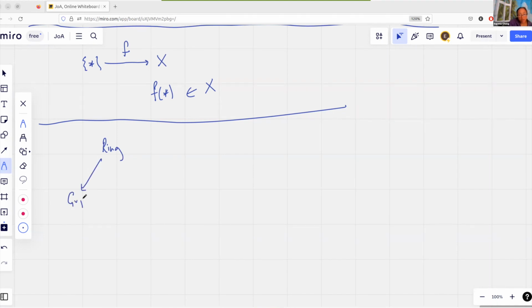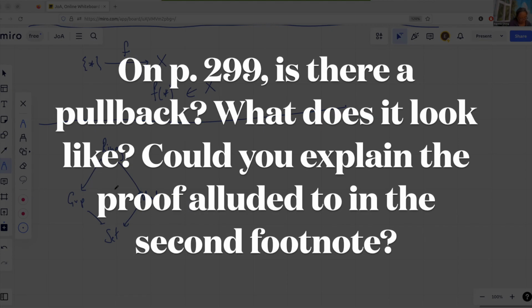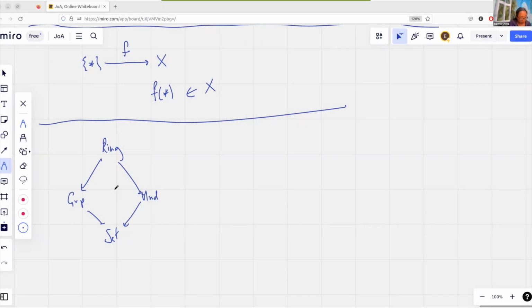So you can forget down to the group structure, or you can forget down to the monoid structure, but both of them have to have the same underlying set. And so there were several questions about this. First of all, is there a pullback? What would it look like? And would you mind doing the proof alluded to in the second footnote?